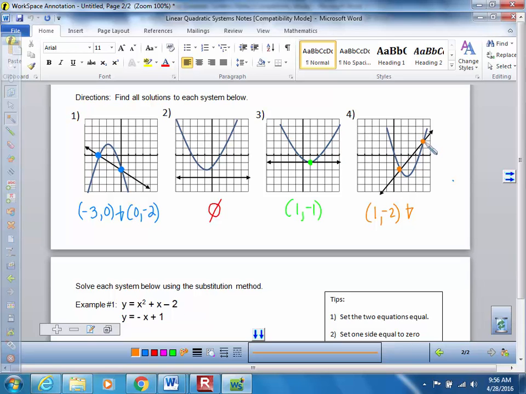And to get to this point, we go right 1, 2, 3, 4, up 2. So this would be 4, comma, 2. Is everybody okay with counting along the x and y axis? Yes. Okay, we'll pay very close attention.